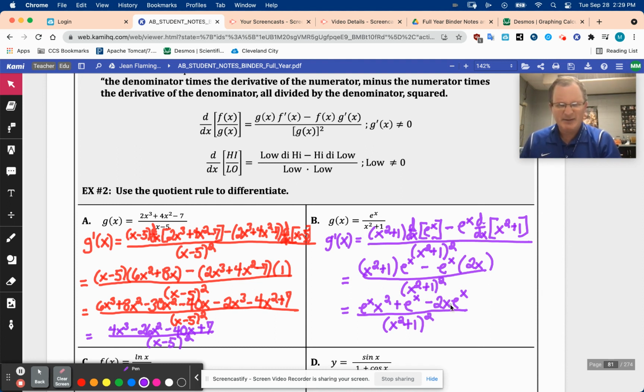Well, I mean, everything does have an e to the x. I mean, we could factor out. So another possible answer for that would be e to the x and then x squared plus 1. That's still not an x squared plus 1 by itself because I also have a negative 2x.